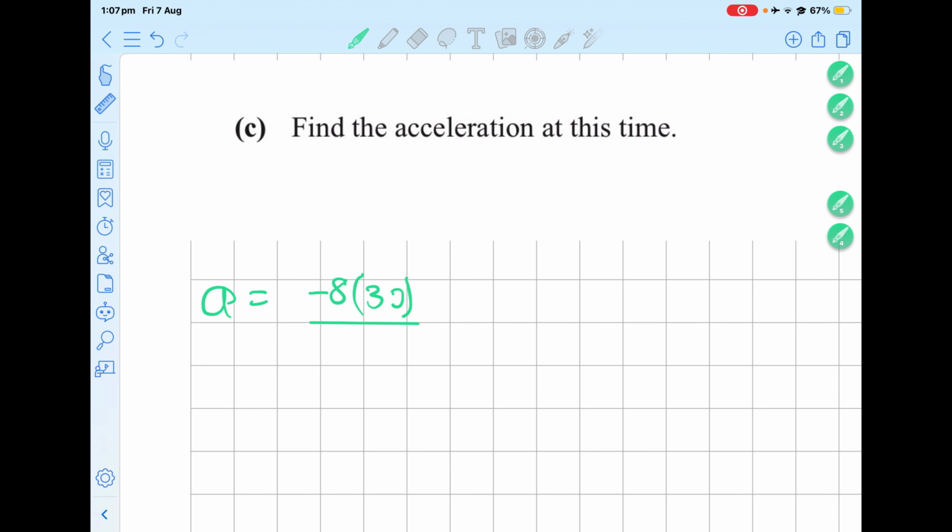This should be 20 because it's 4t squared plus 5, so 20 squared, so we have minus 8, so we have 1 over 20 squared into minus 8 into 30, which is minus 3 over 5, or you can convert that to decimals, 0.6. So it's not really accelerating, it's decelerating at this time.